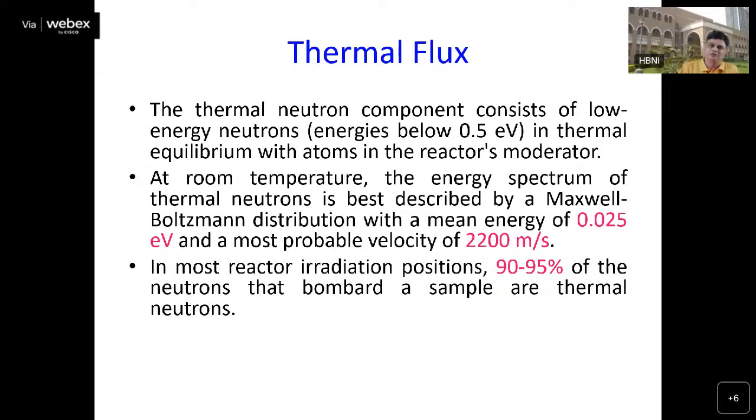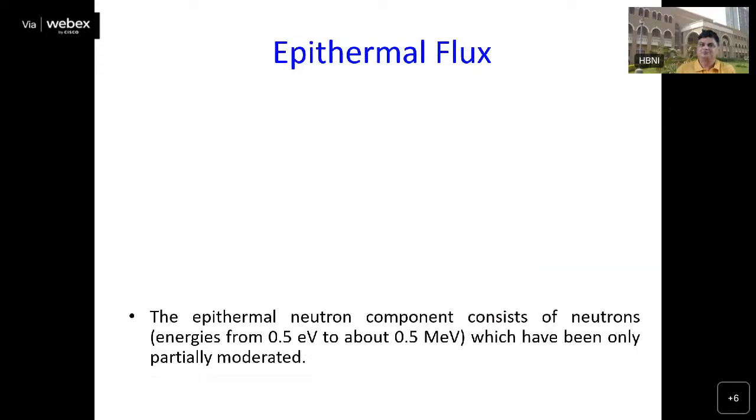In most reactor irradiation positions, 90 to 95% of the neutrons that bombard a sample are thermal. So the positions in the reactor have been chosen in such a way that 90 to 95% of the neutrons bombarding the samples have an average energy of 0.025 eV.